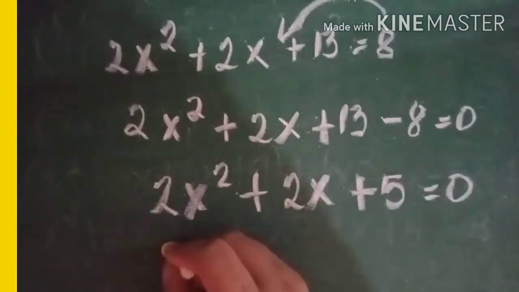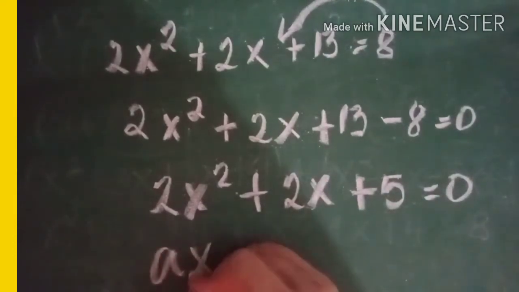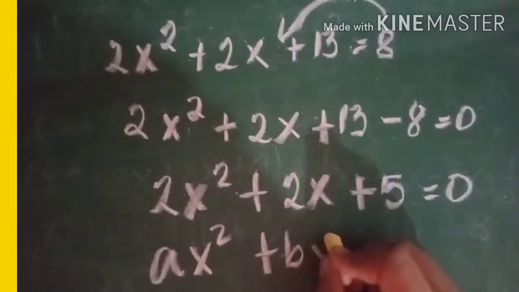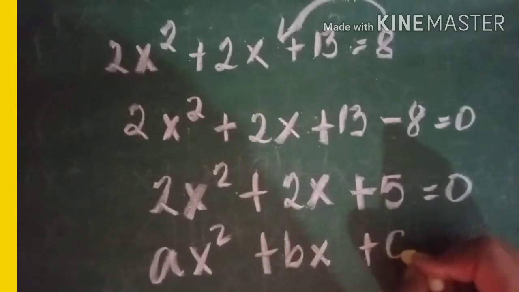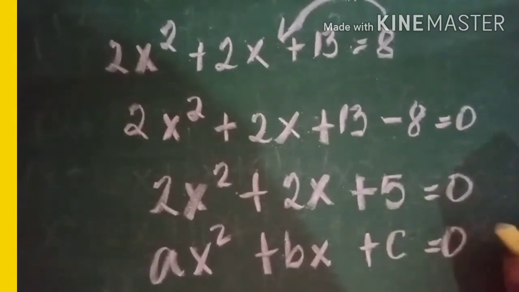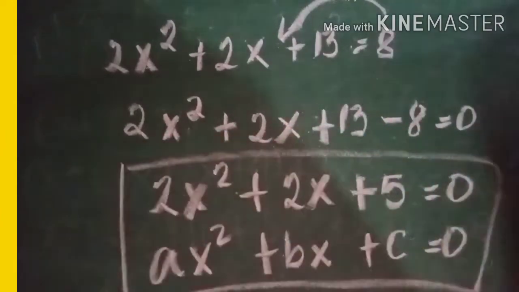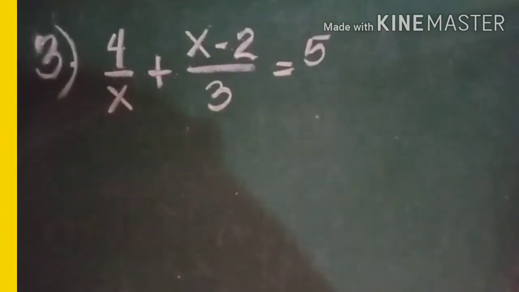Now naka-standard form na yung equation natin into the form of ax squared plus bx plus c equals 0. So we have now the standard form.